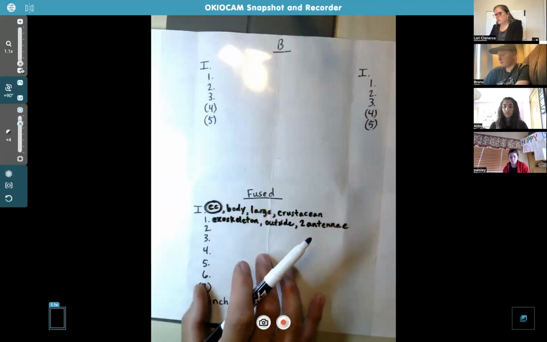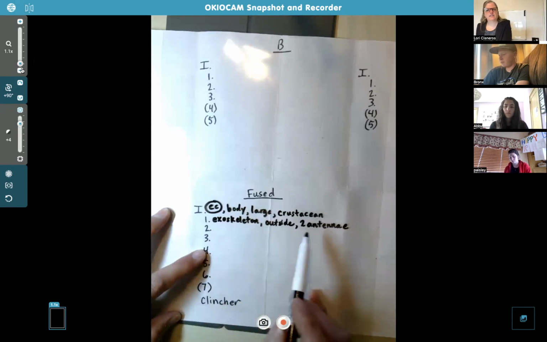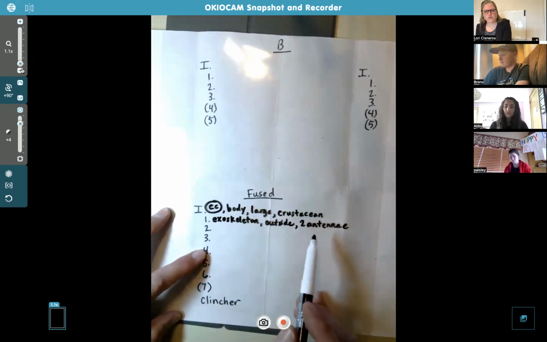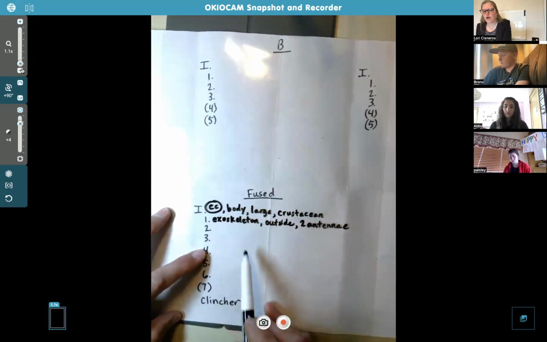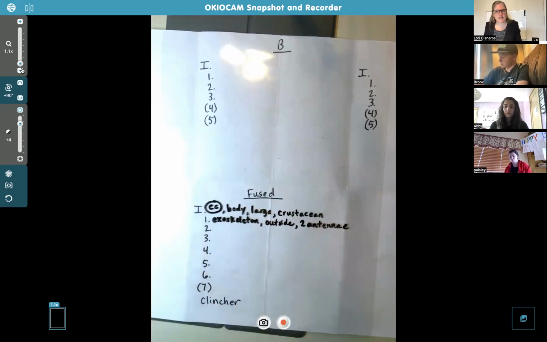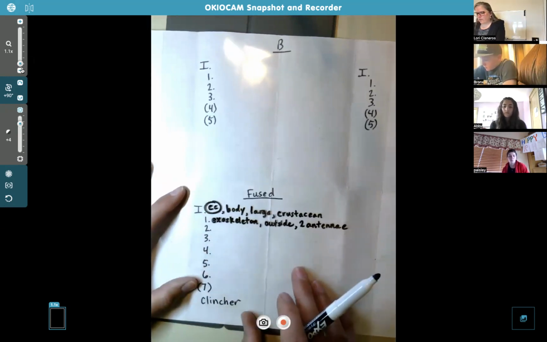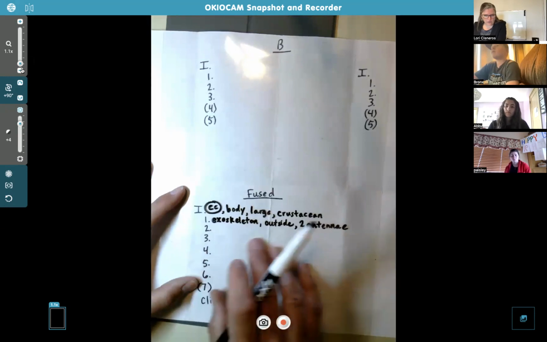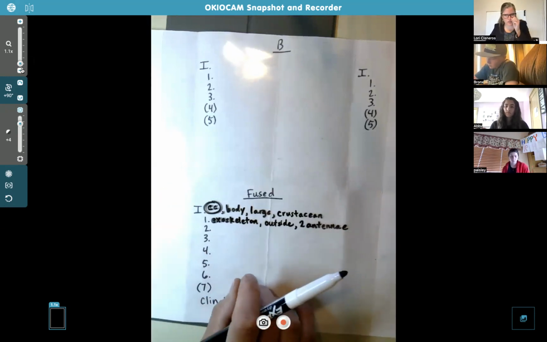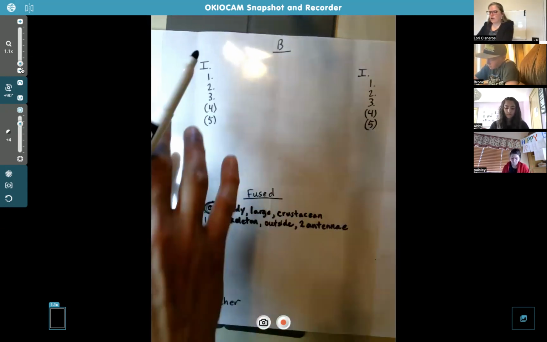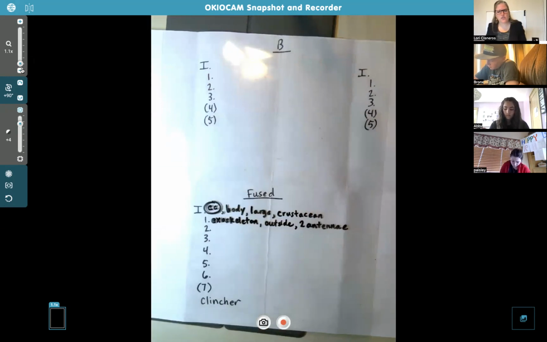So if you did not find this as interesting as other things, you don't have to put it in your fused outline. Does that make sense? Okay, but for the sake of class, so that we can practice doing this together, that's what I'm going to do, is do one together, but you put what you find interesting, looking at your other outlines. Does that make sense to you guys? Are you good with that? Okay, good. Does that make sense, Paisley?